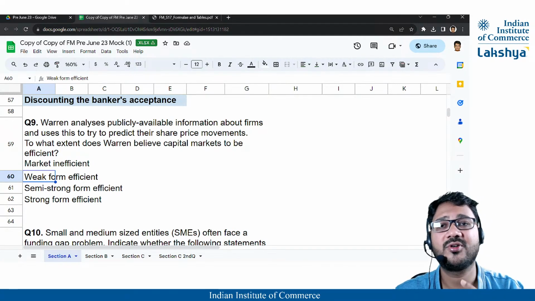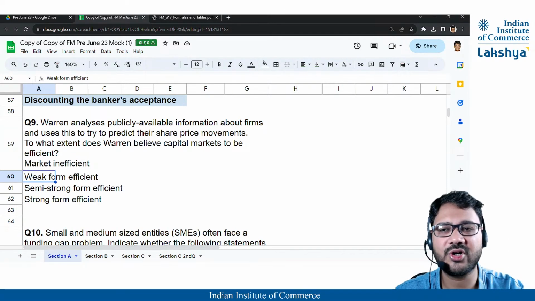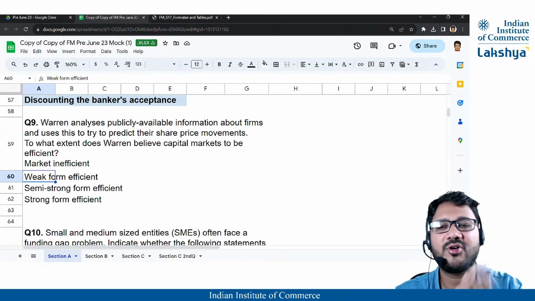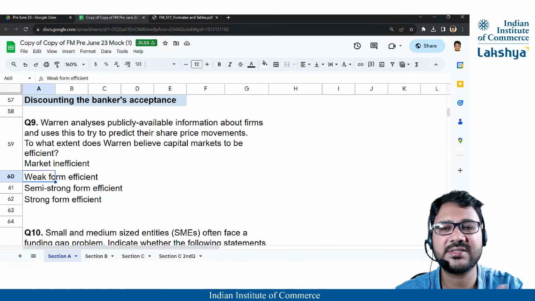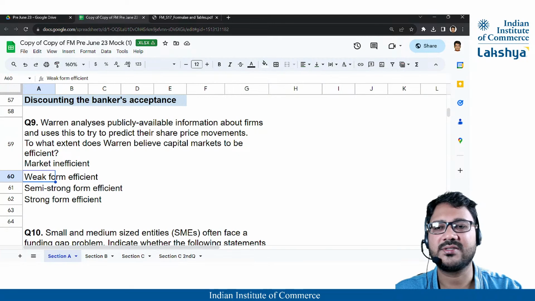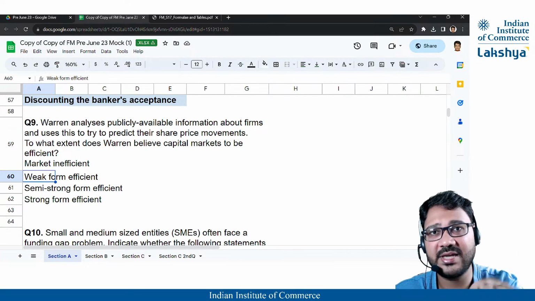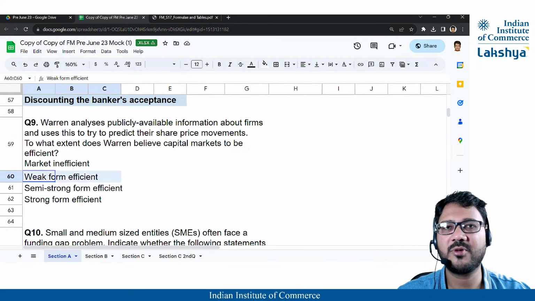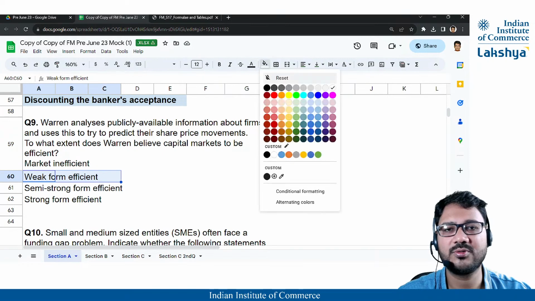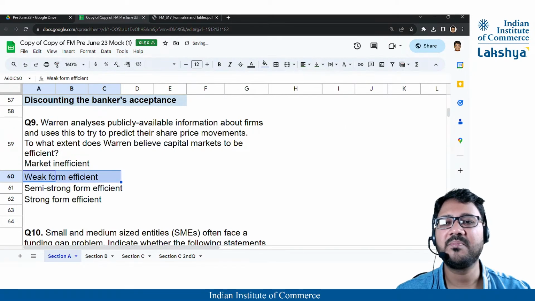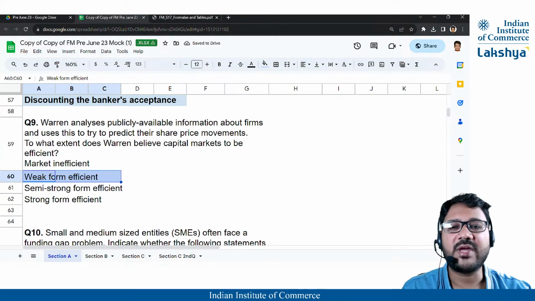There is an advantage if you study the current public information which just got released, analyze it, and take action whether to buy or sell, because it will take some time. In a weak form of efficiency, it takes time for the latest information to get factored into prices. When this present information becomes a little old, it becomes past information, only then will it get factored in. So weak form of efficiency would work. Only then can he beat the market, or predict where the share price would go.